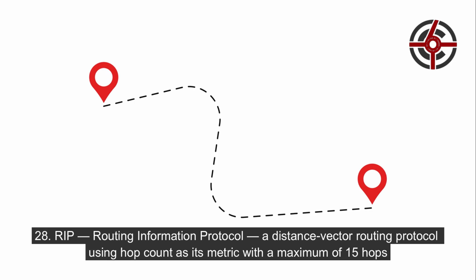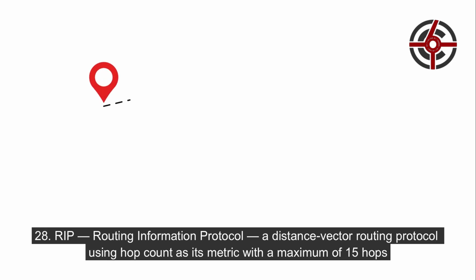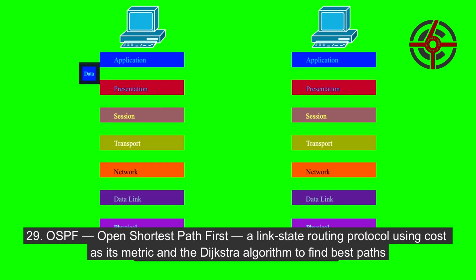A distance vector routing protocol using hop count as its metric with a maximum of 15 hops. 29. OSPF. Open Shortest Path First. A link state routing protocol using cost as its metric and the Dijkstra algorithm to find best paths. 30.